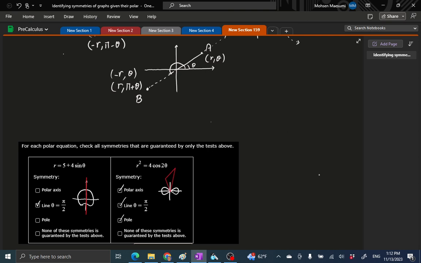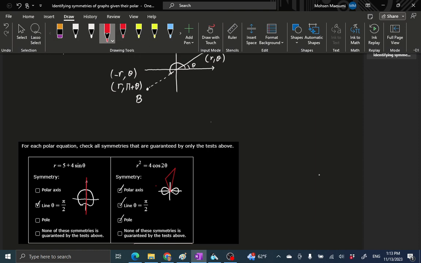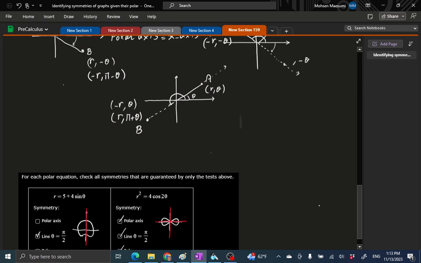This one is symmetric with respect to the y-axis, x-axis, and when both of them are there, the origin is always there as well. Okay, so if the picture is familiar, you can rely on memory and do that. But what if we wanted to actually apply these tests?